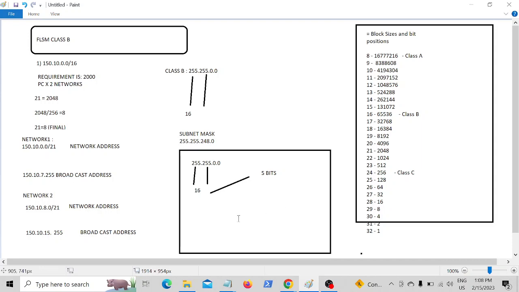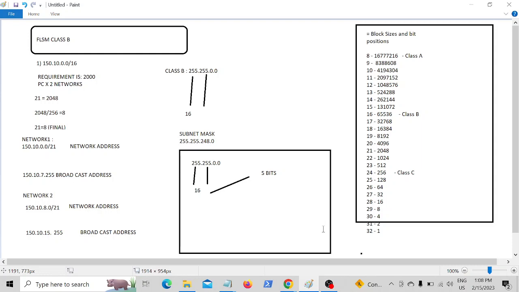You add this and you can write 255.255.248.0. If the requirement is 6 bits, you will go up to 6; 7 bits, you'll go up to 7; if it is 8, you'll go up to 8. If it is 9, it starts again from 128. You have to consider these first 8 bits, and then you're going to get the subnet mask. That's it.